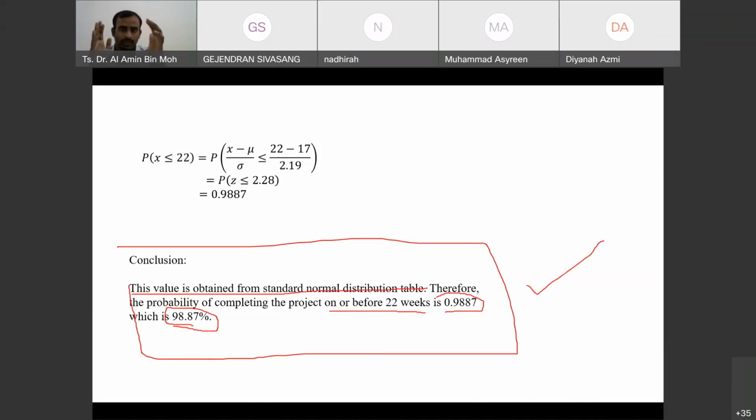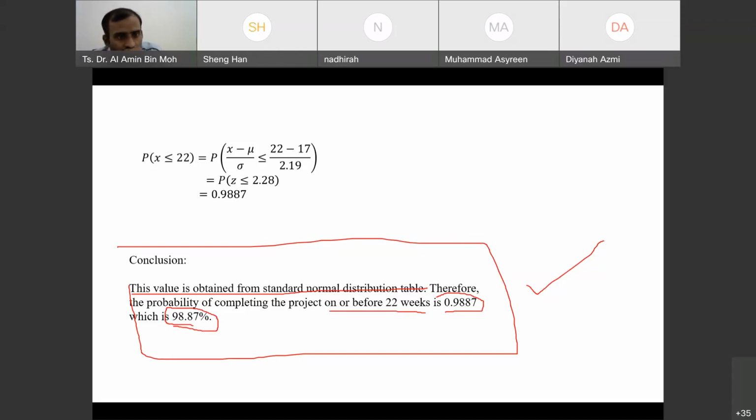Till this point, is there anything that is not clear? Sorry, doctor, I have a question. Yes, please. May I know why we choose the 4 paths?